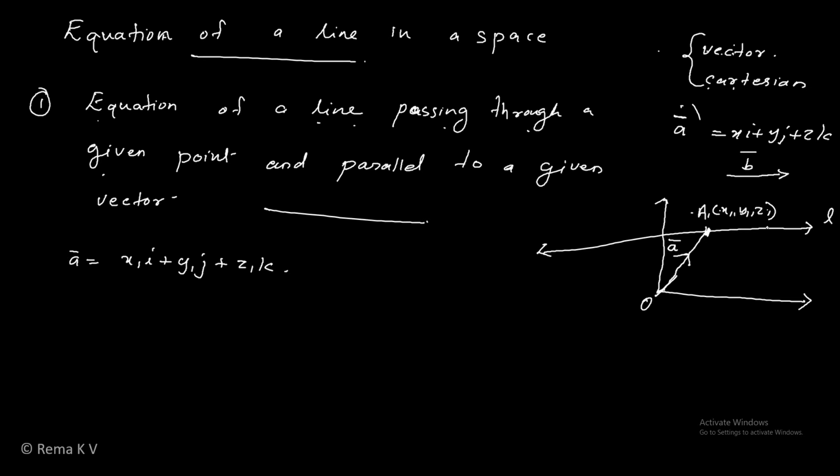And let us consider any point on this line L, let that be P. We are considering an arbitrary point P, x, y, z, and let its position vector be R. So vector R is equal to xi plus yj plus zk.